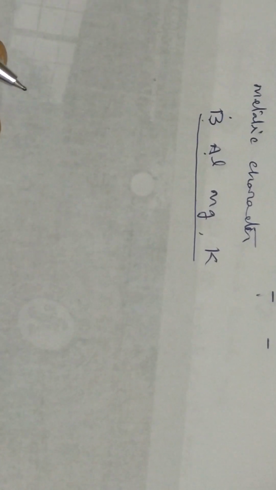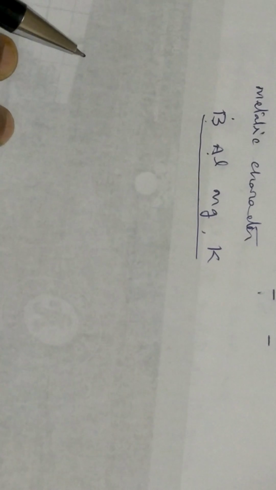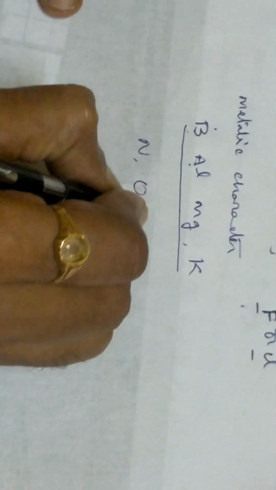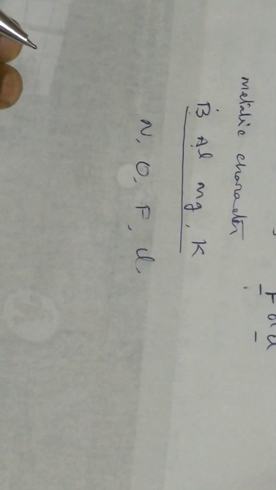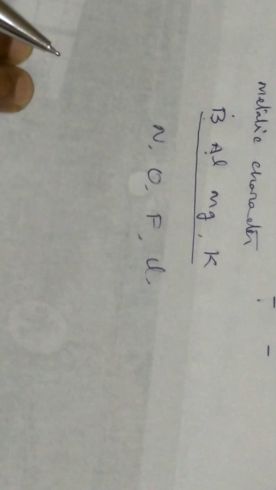Which one is more reactive? Nowhere does electron affinity, ionization enthalpy or electron gain enthalpy say anything about reactivity. Now, we have the elements nitrogen, oxygen, fluorine, chlorine. Which is more reactive? Always remember, from left to right, reactivity increases.